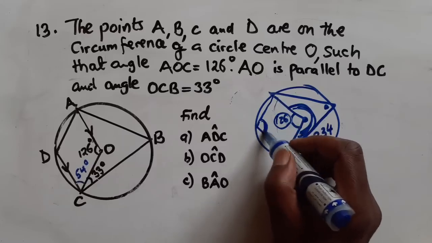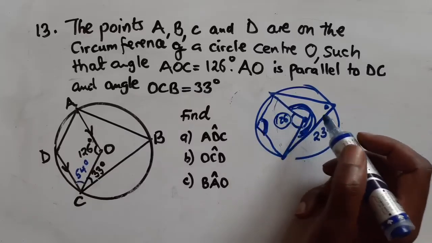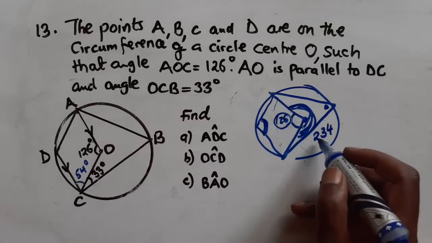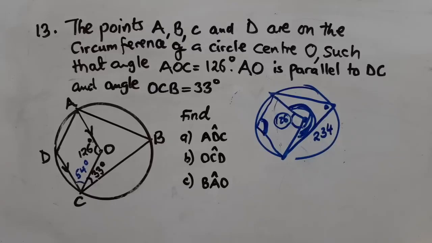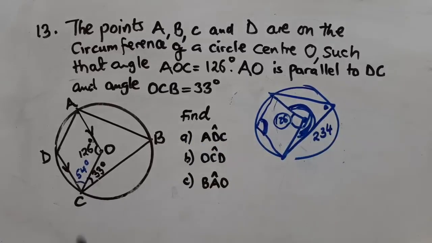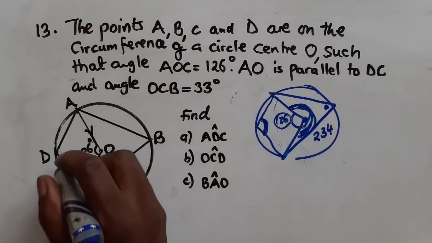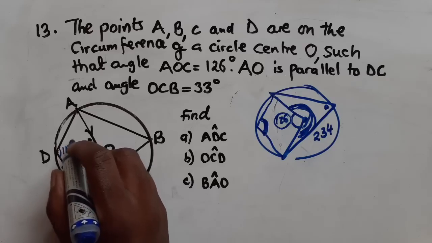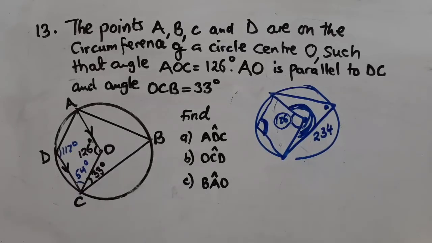So, we need to divide 234 by 2 to get the angle on the circumference. So you will discover that this angle here is going to give us 117 degrees. Is that clear?